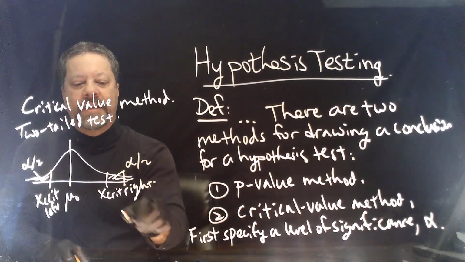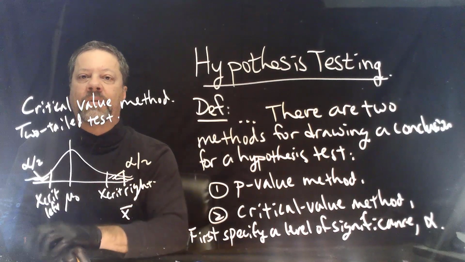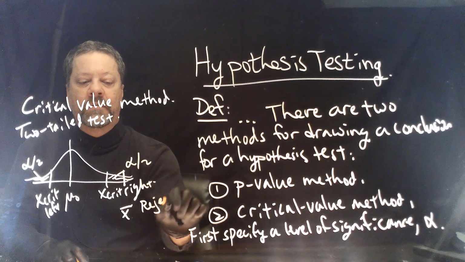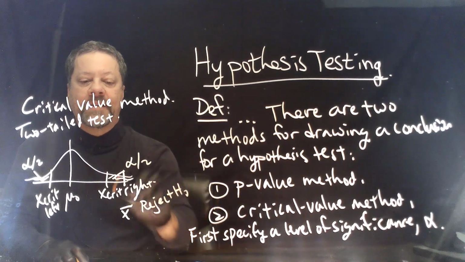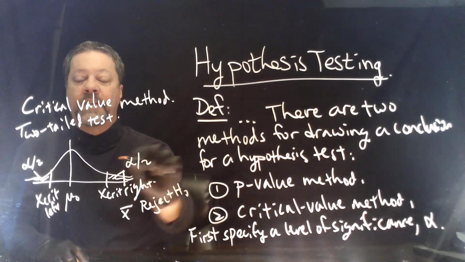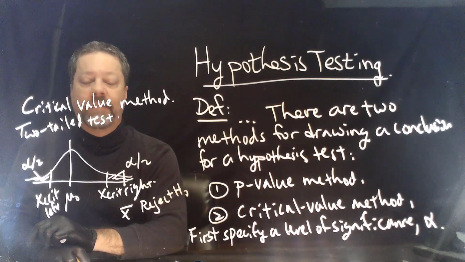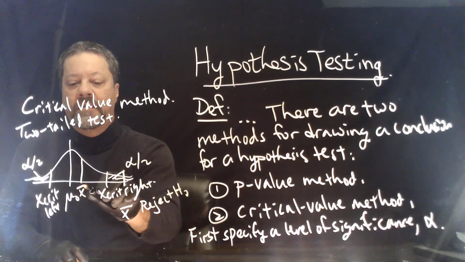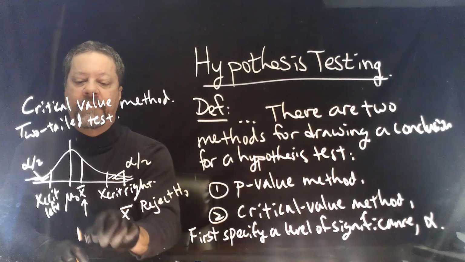If the sample statistic falls in one of these critical regions, then we reject the null hypothesis. The probability of that event will be smaller than the level of significance. If the sample statistic falls here, then we fail to reject the null hypothesis.